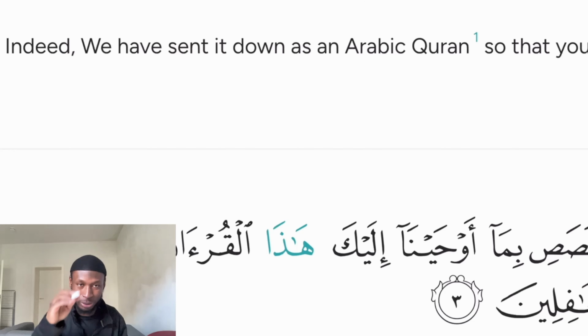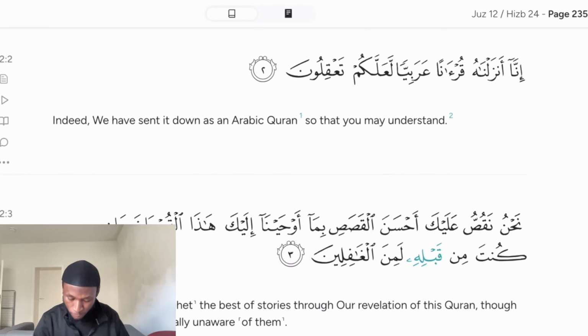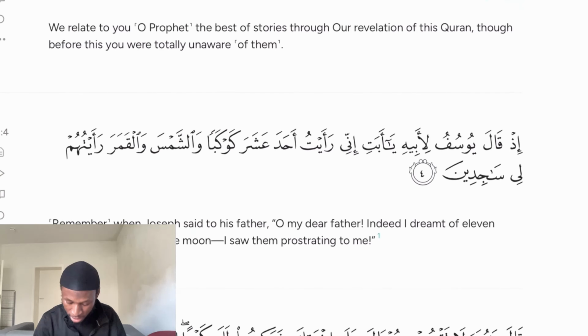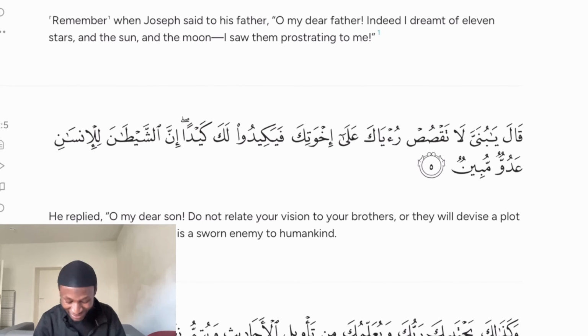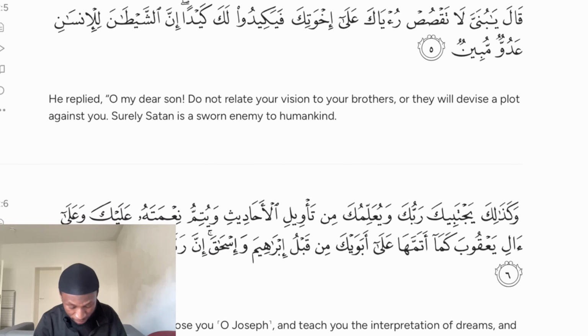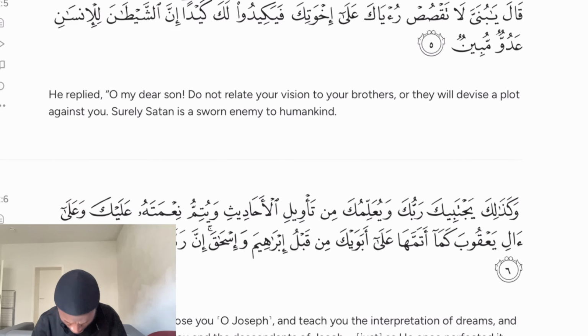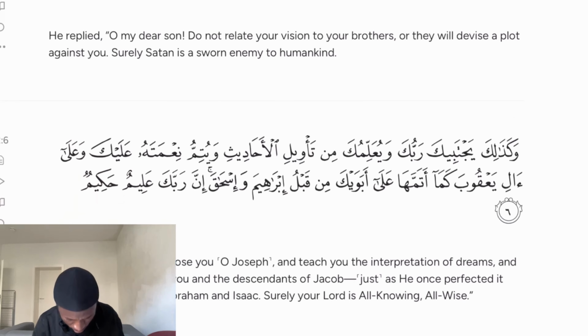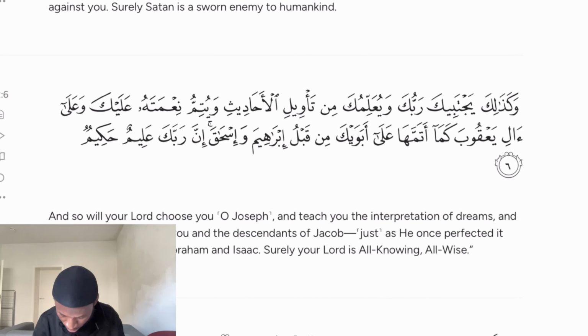Then if we go down a little bit, mashallah, we can find, if I'm not mistaken, the middle form. I can no longer see it. Where are you? Scooby Doo, where are you?